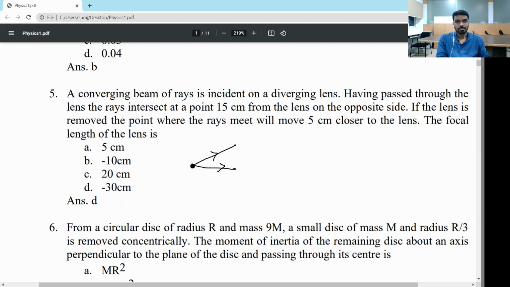See, the converging beam is incident on a diverging lens. So the lens is diverging, and there is a beam which is converging somewhat like this. So here that means there is the object.